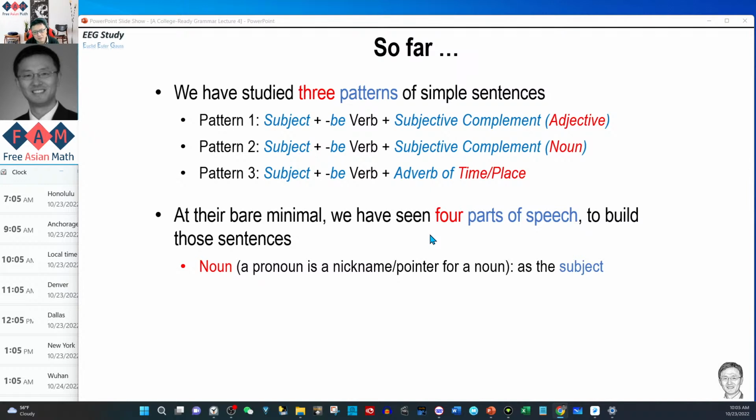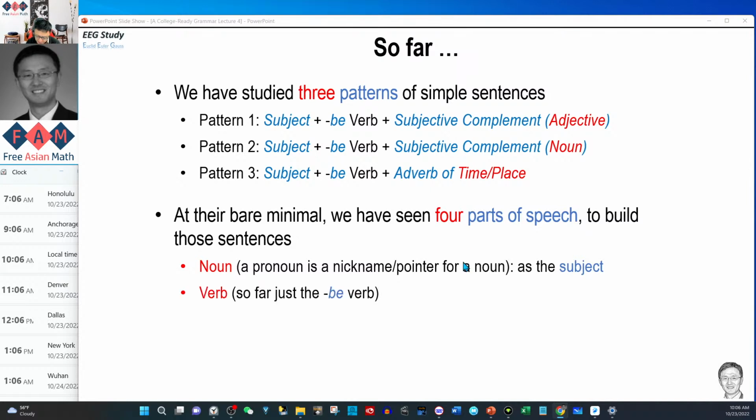When you see a pronoun, it's essentially a nickname for a noun, or it points to a noun. So in that sense, we consider a pronoun just as a noun. So a subject logically must be a noun or a noun equivalent. It could be a gerund, an infinitive, or a noun clause, but all of those are logically still like a noun.